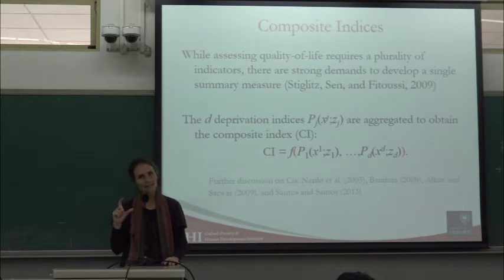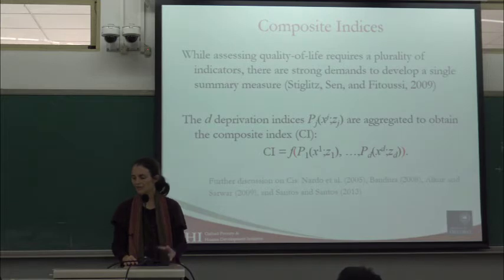So again, in a technical academic sense, the MPI is not a composite index. People often say, but you're adding up different dimensions. It looks like one to me. And so you choose your own vocabulary, but you'll notice that in the book or in our presentations, we distinguish MPI from composite indices.